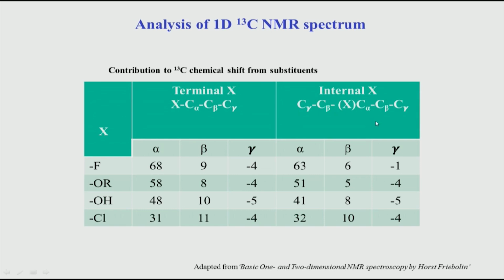For that you look at this side: the effect of fluorine is 6 ppm, whereas the effect of fluorine on the directly attached carbon is very high, 63 ppm. So, you see this is the inductive effect. The moment you move to the next carbon, it dies down rapidly, and if you go further away, the fluorine has even lesser effect. So, these are the values which we have to add to the base value.